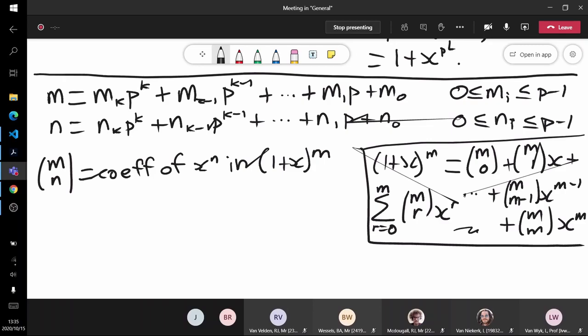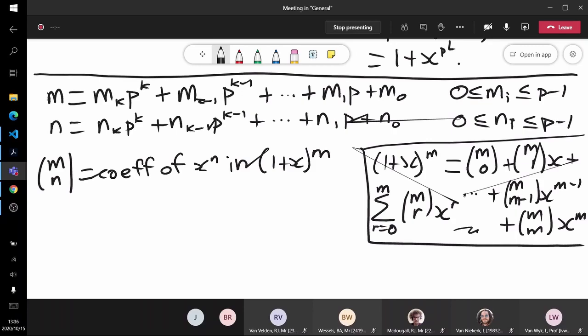Cool. So that's what we're trying to calculate. That 1 plus x to the power of something looks familiar. It looks similar to the lemmas that we were doing previously. So let's use the fact that m has this base p expansion.